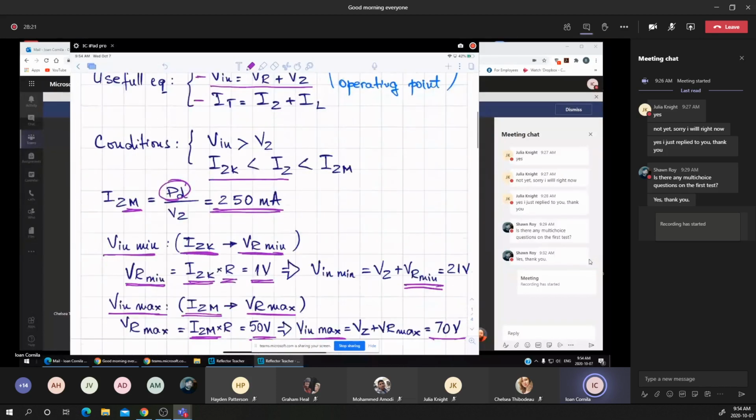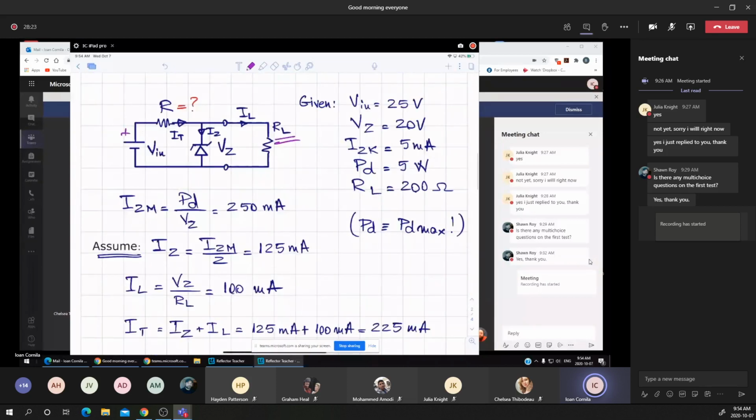That's, again, specific for this type of problem, when we are looking to determine the resistance value, given the Vin, the VZ, and the load resistance. We are making this assumption just for this problem only. IZ max divided by 2 is 125 milliamps.